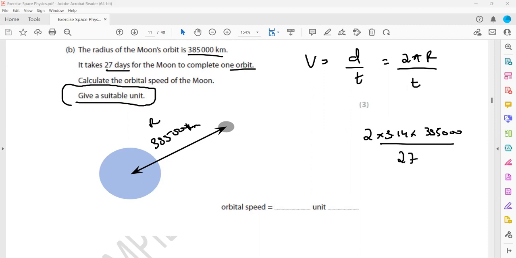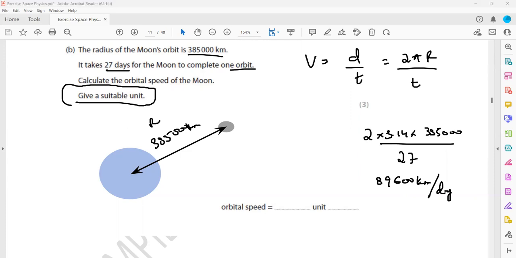When I write 27, it will be about 90,000 kilometers per day. When I solve this, it is about 89,600 kilometers per day, or 90,000 kilometers per day. If I convert the time, it gives a different speed.